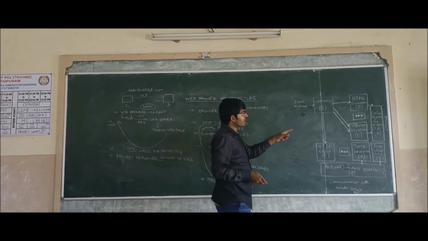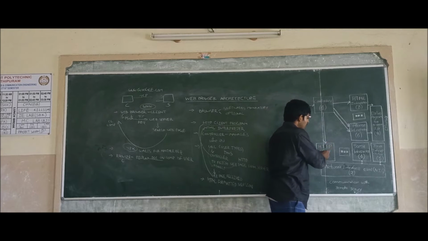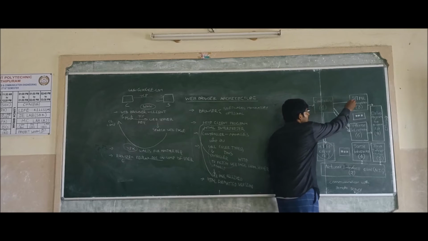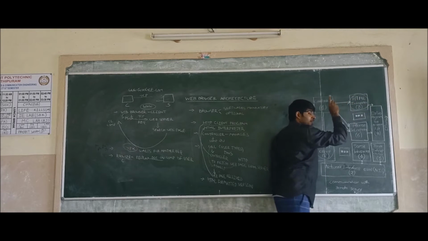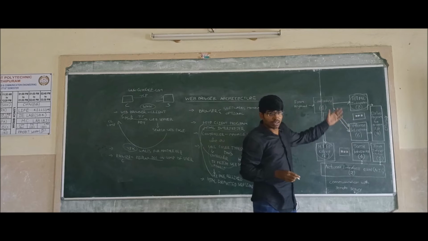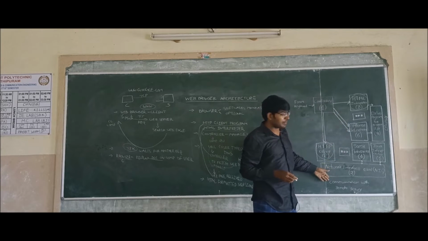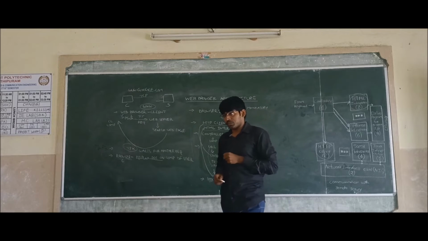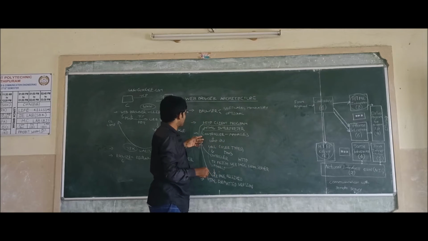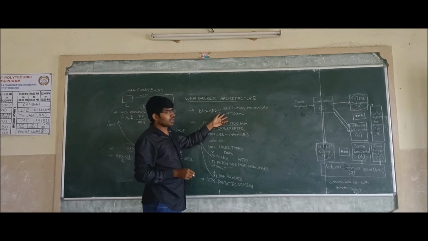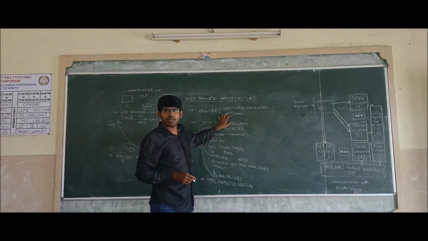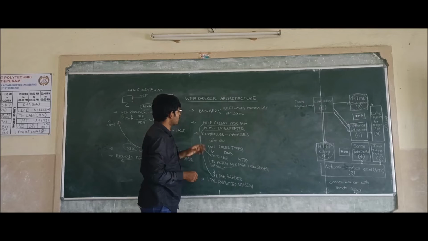In this browser architecture you can see, this is the HTTP client, which is mandatory, and this is the HTML interpreter, which is also mandatory. In this entire diagram, these two are compulsory and the remaining are optional.